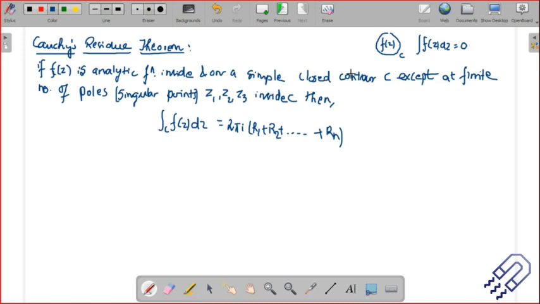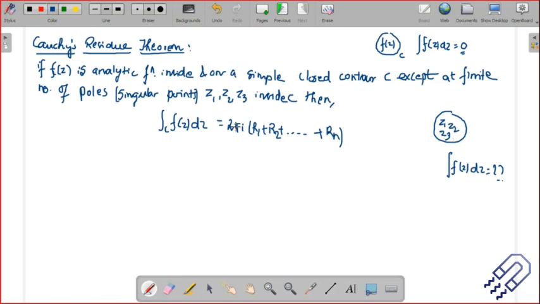But if you have this contour somewhere, and the function is there, but at certain points, let's say z1, z2, z3, it is not analytic, then the integral cannot be equal to 0. The integral of f(z) dz will have some value. And what will that value be?